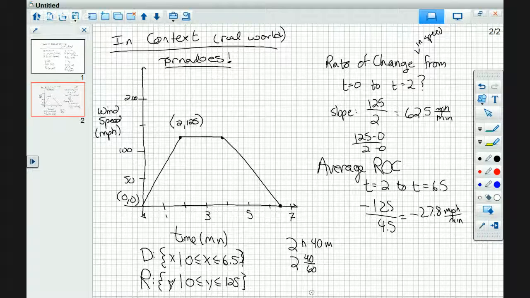Other way around, right? Yeah, so just take your minutes or seconds, divide it by 60, that gives you your decimal. Okay. 40 divided by 60 is 0.66666, etc. You'll have to be able to do that, so.